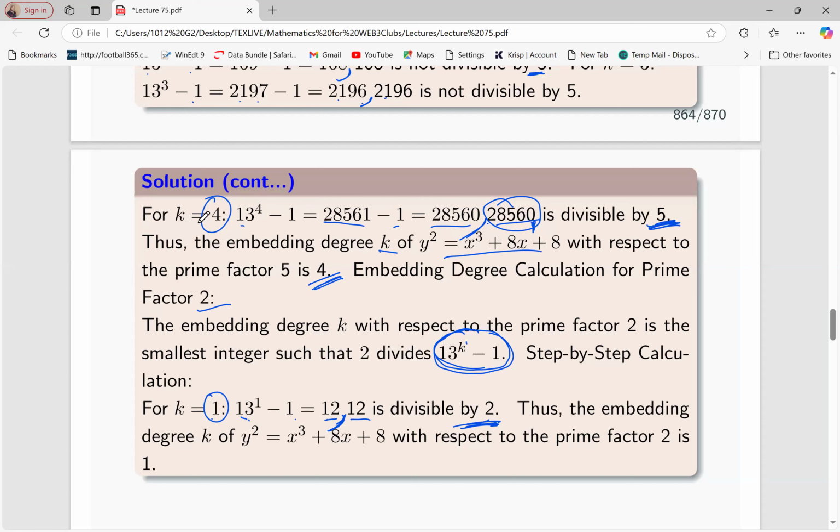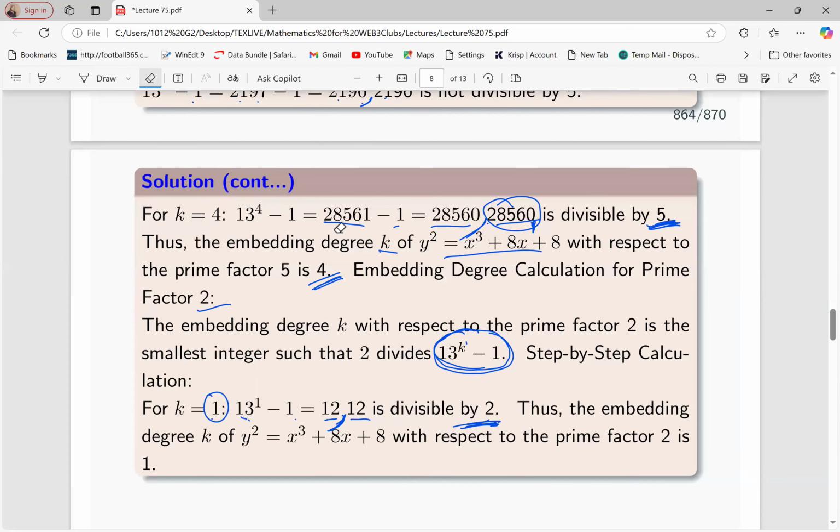So you can see we've been able to find 2 embedding degrees for this elliptic curve. This elliptic curve had 20 points, and 20 had 2 prime factors. And therefore, each of the prime factors had to give us an embedding degree.